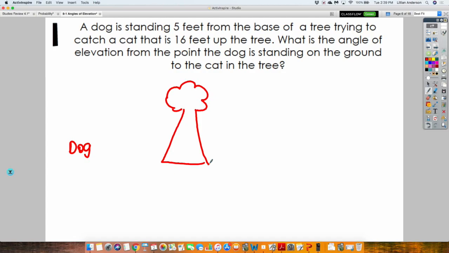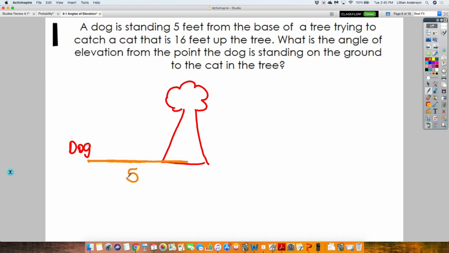This dog is standing on the ground at the bottom of this tree. Now, the ground, at least in this case, is going to be flat. Might be a little rocky because of dirt and grass, but it is horizontal. How far away is that dog from the base of the tree? 5 feet.